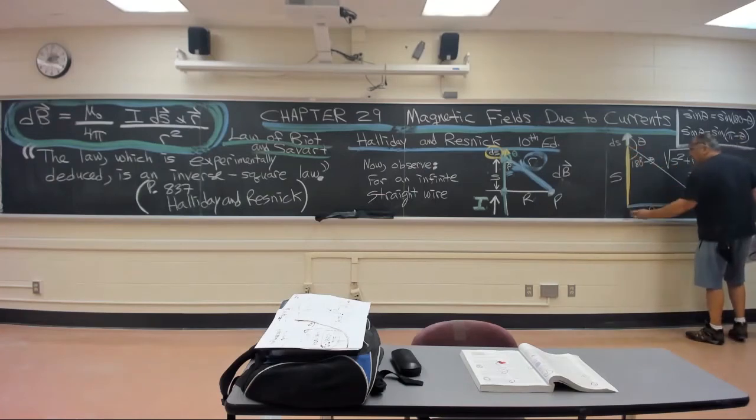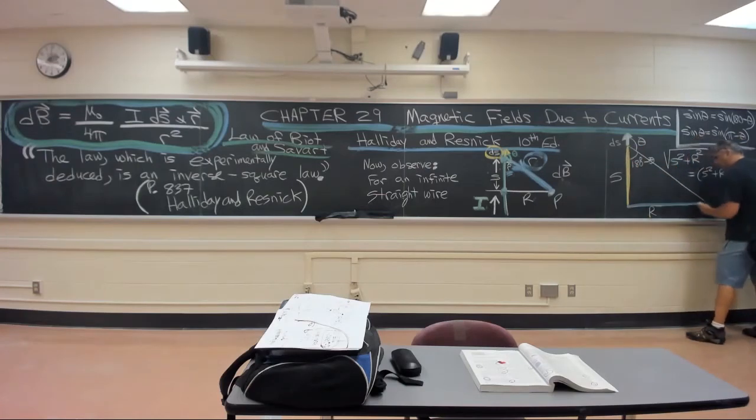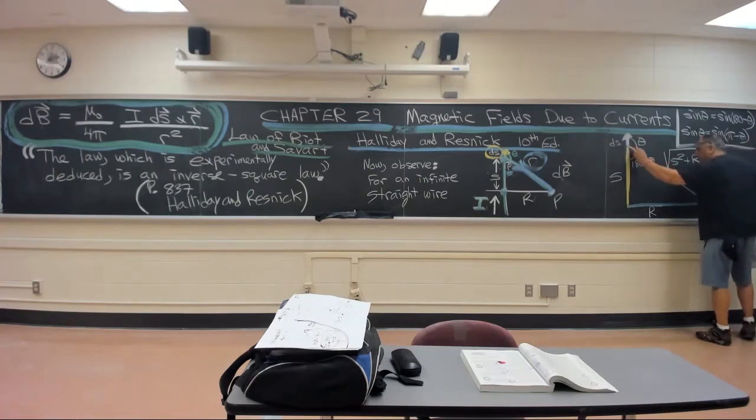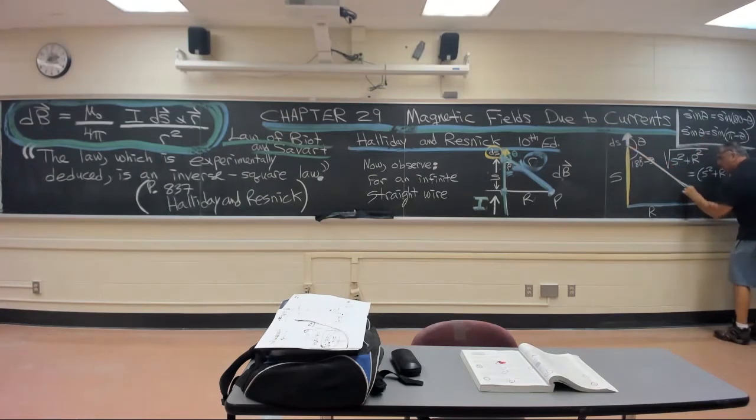If the yellow thing is length s, the blue thing is length capital R, the square root of the sum, s squared plus capital R squared, is the length of the hypotenuse, which is equal to that small r we were talking about. And that's the same as the quantity s squared plus capital R squared to the 1/2.